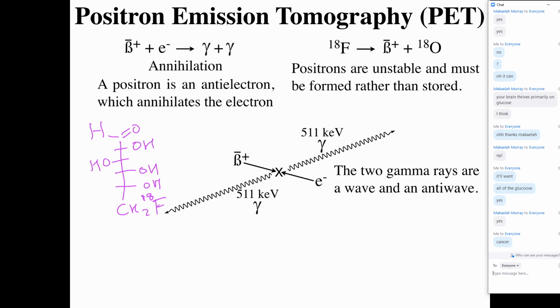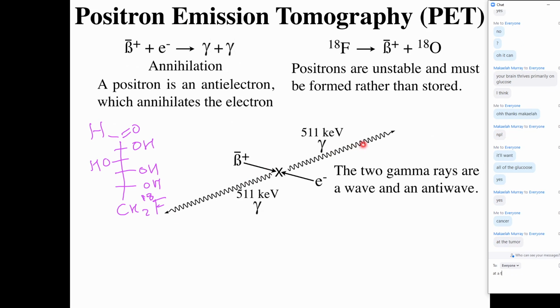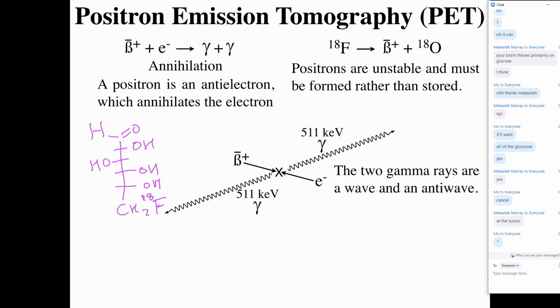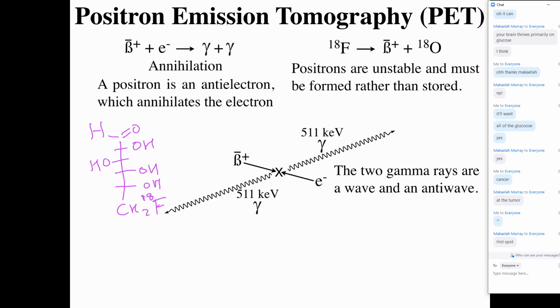And therefore, where are you going to have the greatest number of collisions of a positron with a random surrounding electron to give off this gamma radiation? From the tumor, exactly. So can you trace the glucose to the tumor and figure out where the tumor is by, would you call this hot spot or cold spot detection? Hot spot. That's a nickname for it if you're a radiologist. You don't have to know that term, but hopefully the concept makes sense.